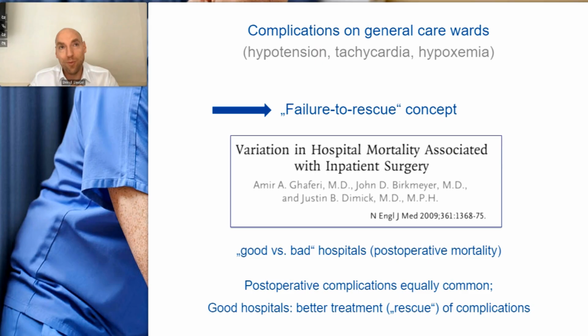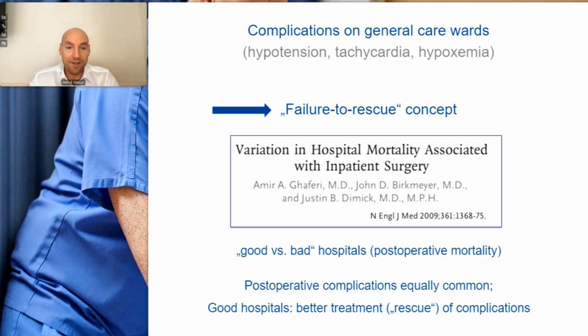And this is very nicely reflected by the failure to rescue concept that you have probably heard of, which was established many years ago. The basic assumption is that in every hospital, patients develop complications on general care wards, and you can differentiate between good and bad hospitals, defined by mortality, based on how well a hospital responds to those complications and how high the failure to rescue rate is.